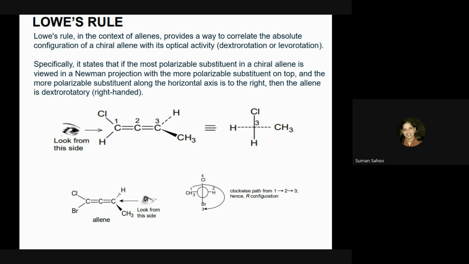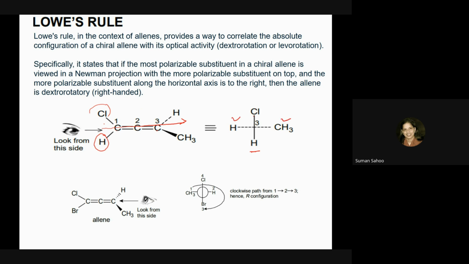If we look from this side, chlorine appears on top and hydrogen appears on the bottom, in the vertical line. This is your front carbon, this one is your rear carbon, and on the rear carbon you have hydrogen on the left and CH3 on the right.